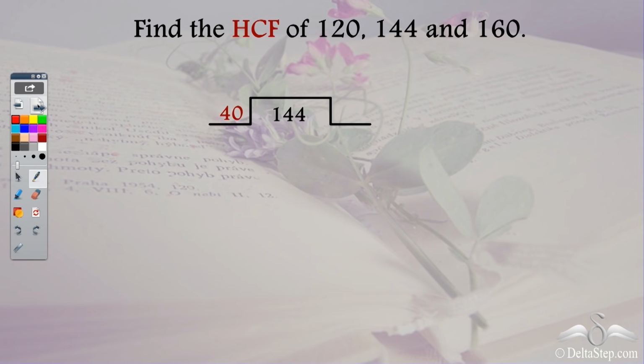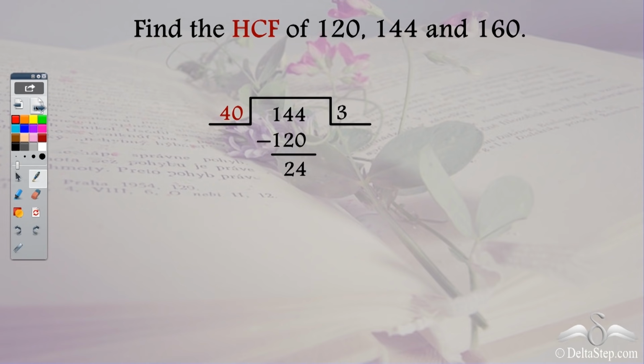So can you find the HCF and tell me what will be the HCF? Let us see. So 144 is divided by 40. How many times does 40 go into 144? 3 times. So 120, and I subtract it to get the remainder 24.